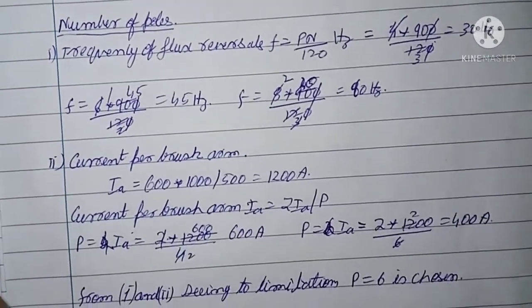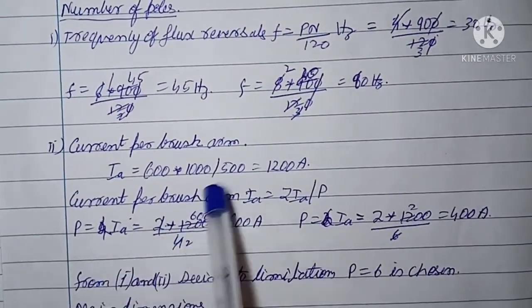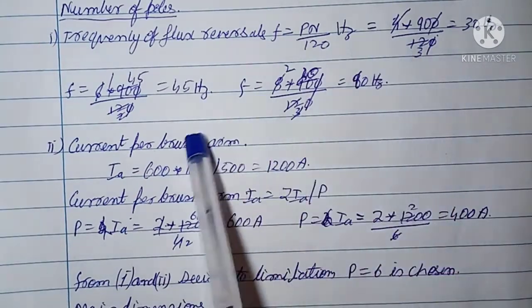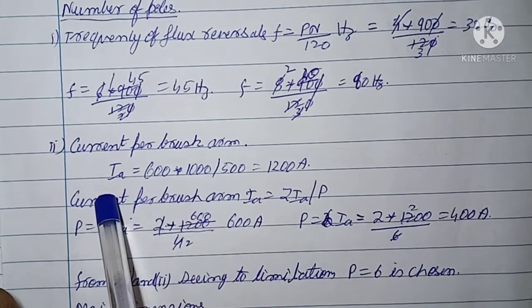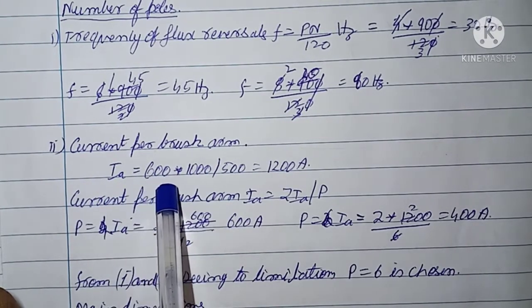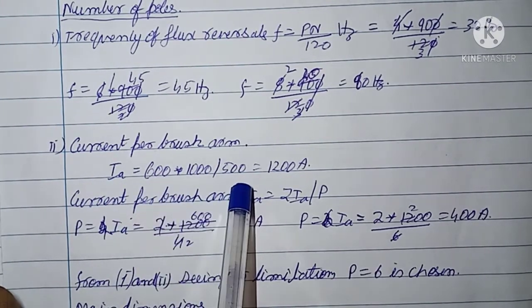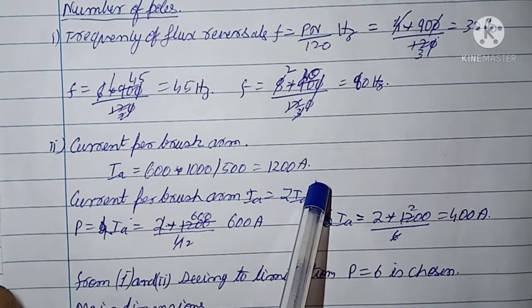Next, one more constraint to decide which to choose out of 4 poles and 6 poles. The current per brush arm, which is equal to IA, is 600 into 1000 by 500, so it is 1200 ampere.